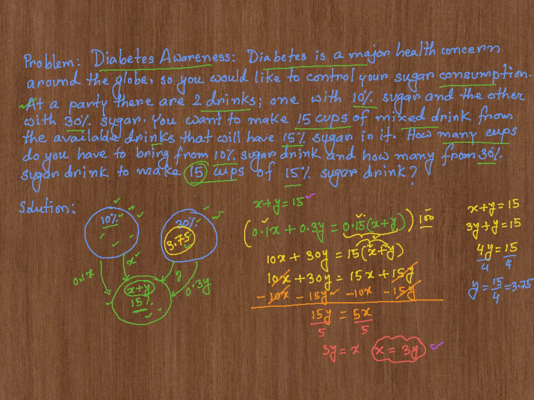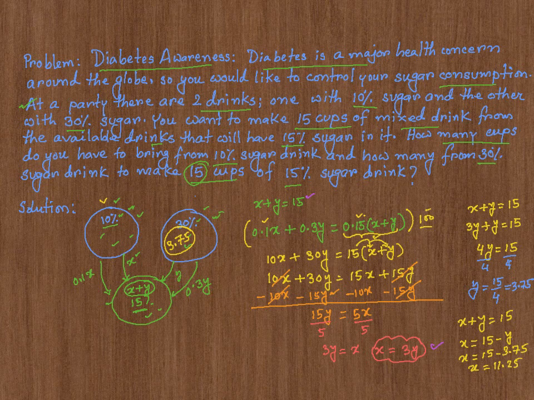Now how much do you bring in from this one? That's pretty easy. We know x plus y is equal to 15. So x is going to be 15 minus y, or x is 15 minus 3.75. That's going to give me x is equal to 11.25.